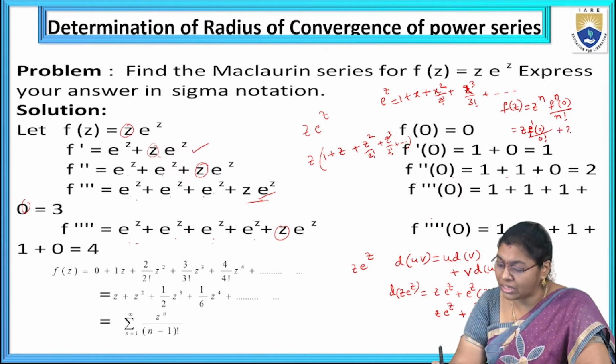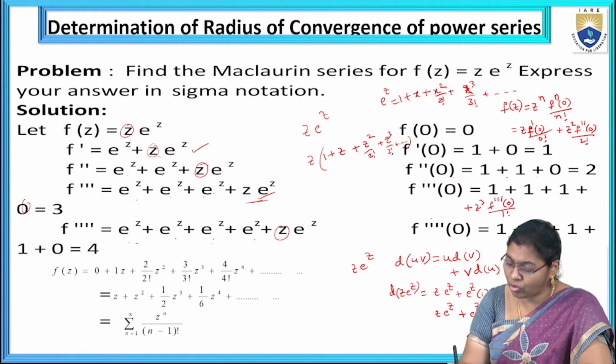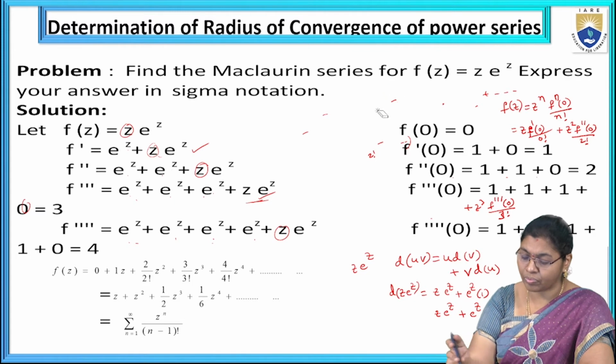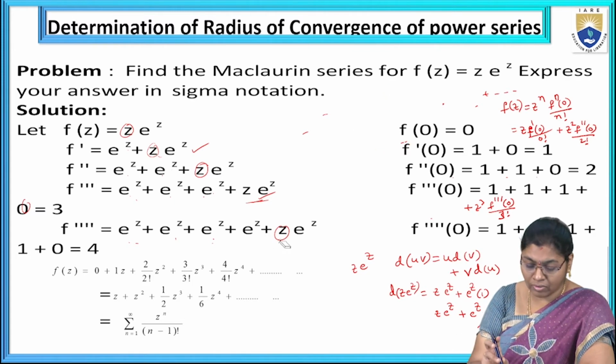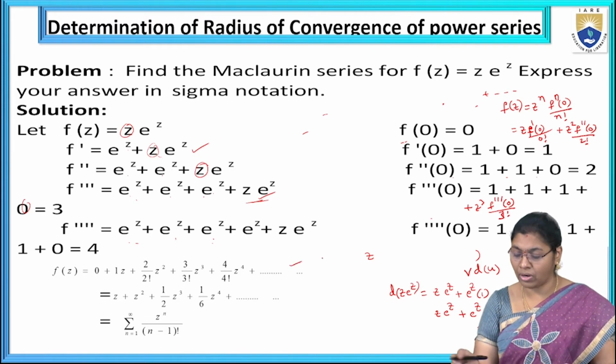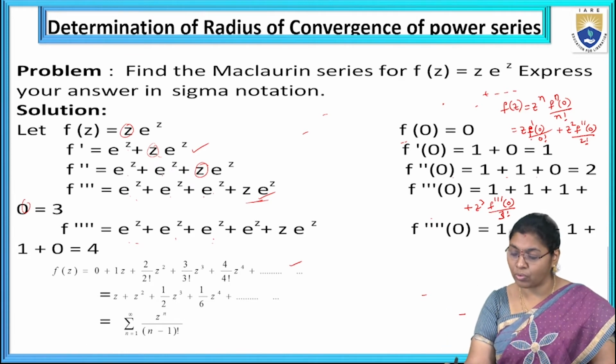Next, plus z square into f double dash of 0 by 2 factorial plus z cube into f triple dash of 0 by 3 factorial, like that. Now I am substituting that in this place. That is Maclaurin's expansion.